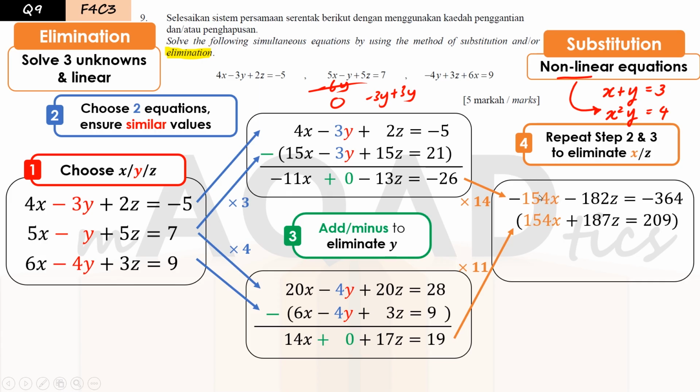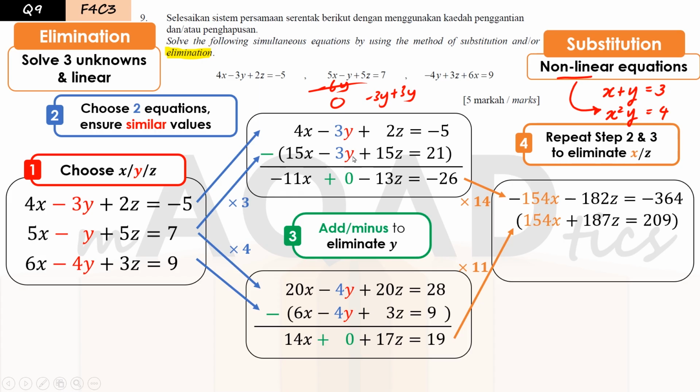And as you can see, the value of x is the same, 154. For the signs, you don't need to bother first, you just focus on the values. Because later on, in step 3, we are going to add or minus it. So eventually, this would be eliminated. We just need to choose either add or minus.